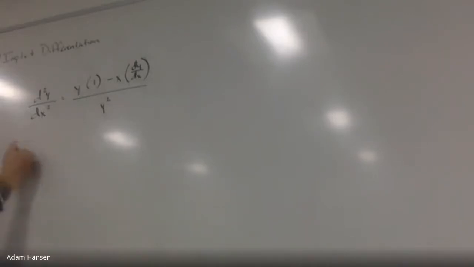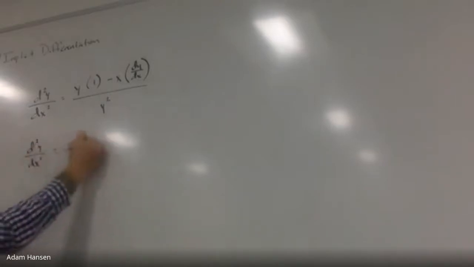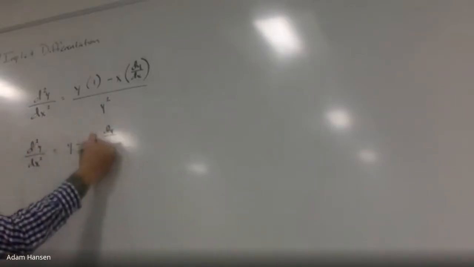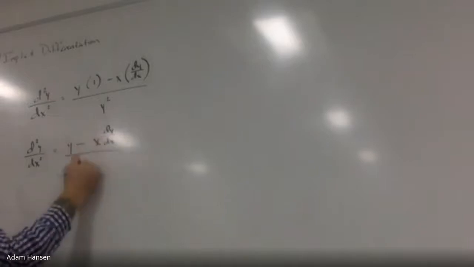So the second derivative of y with respect to x equals y minus x times dy/dx over y squared. Here's where we're at so far.